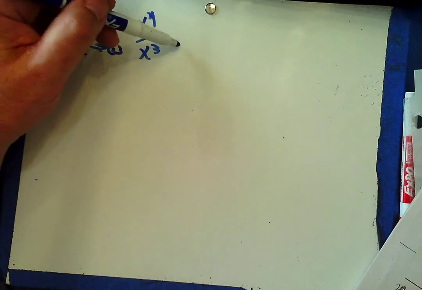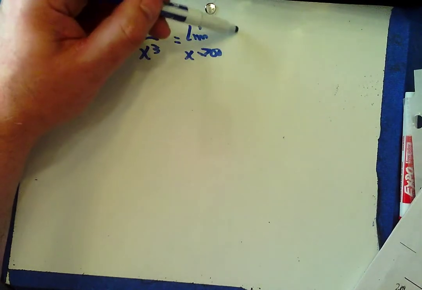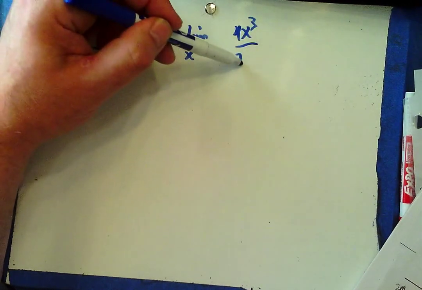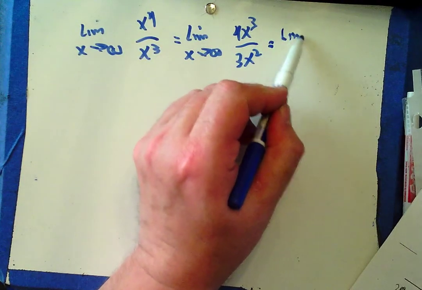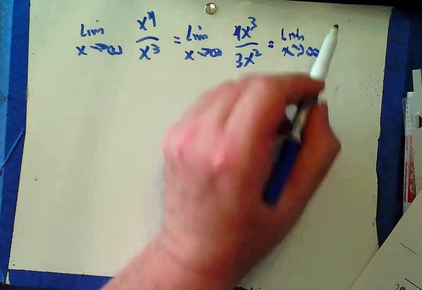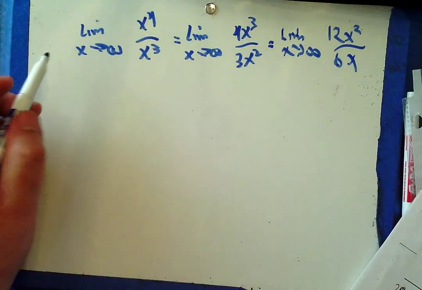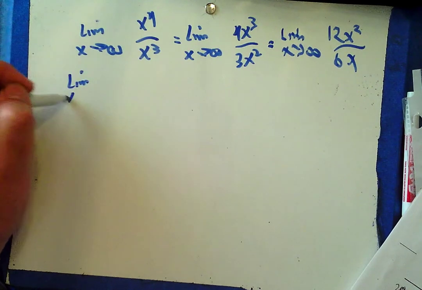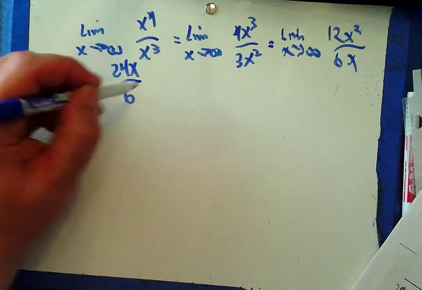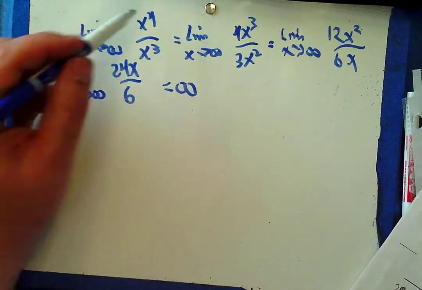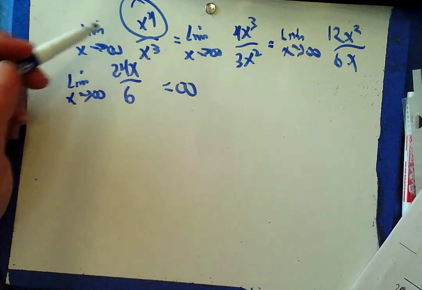That's infinity over infinity, so I use L'Hopital's rule. 4x to the third over 3x squared. Still infinity over infinity. Better use L'Hopital's rule some more. And so I get 12x squared over 6x. Uh-oh, still infinity over infinity. Limit as x approaches infinity of 24x over 6. And that's infinity, so the one on top grows faster. These grow at different rates.